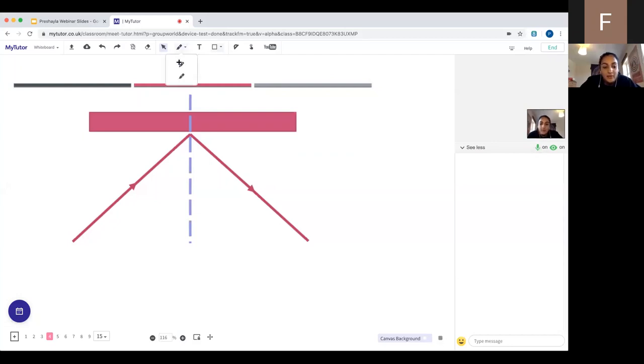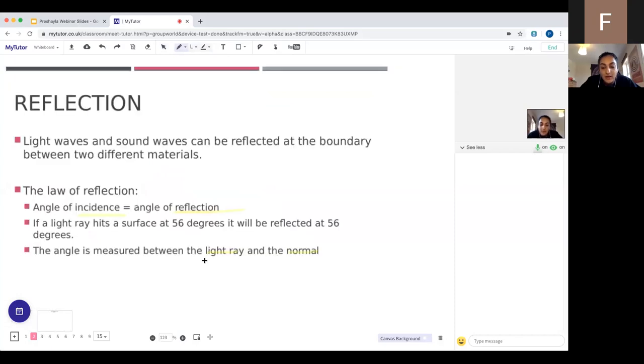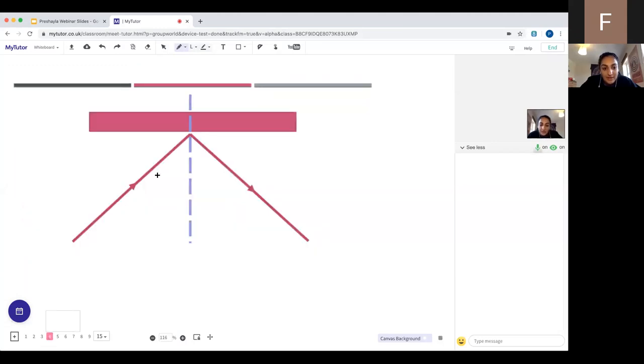Remember the angle, if we go back to the other slide, the angle is measured between the light ray and the normal. This is the light ray, this is the normal, so this is the angle. Same again here, this is the light ray, this is the normal, so this is the angle.